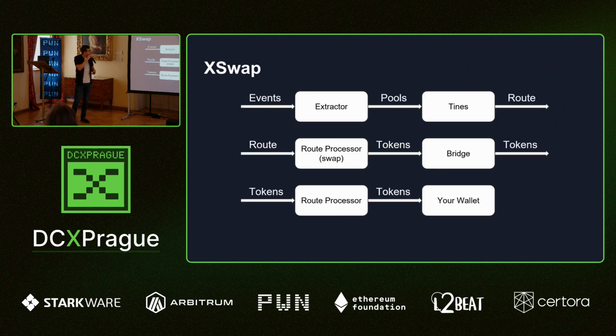And how it works is we've got a, let's say, data cache. It's called extractor. It finds and keeps an up-to-date record of all the pools that we might want to swap through.